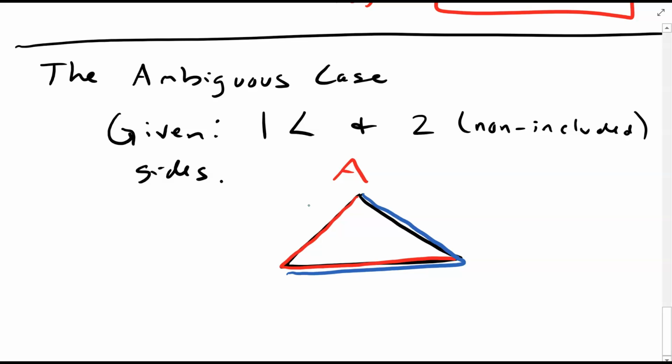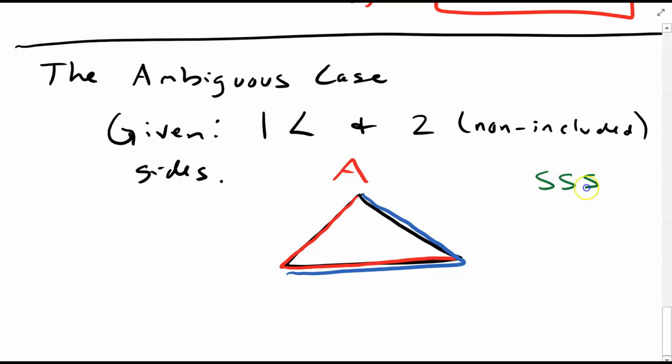Tying this back to geometry, if you guys remember your triangle congruence theorems. So what were those triangle congruence theorems? Give me an example of one. There are three letters.